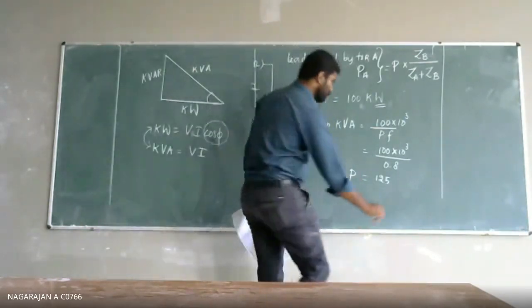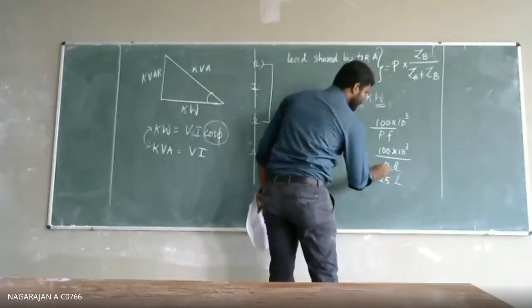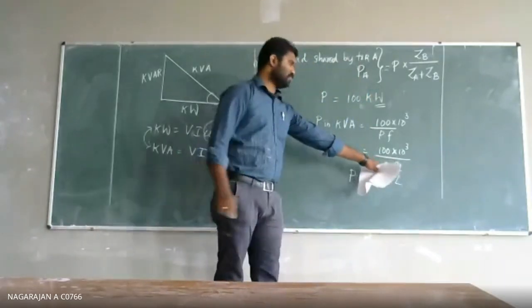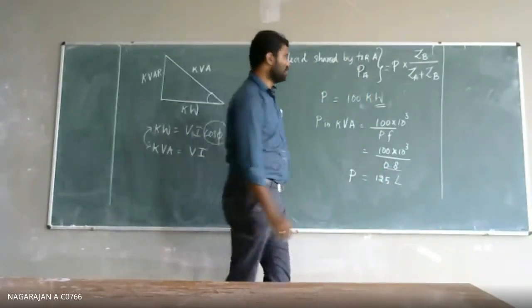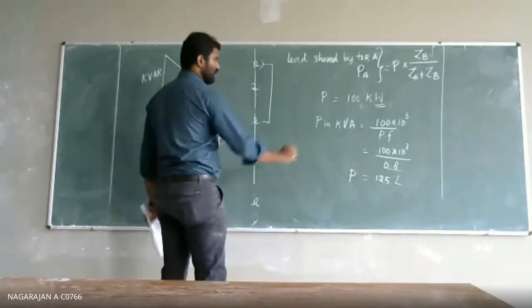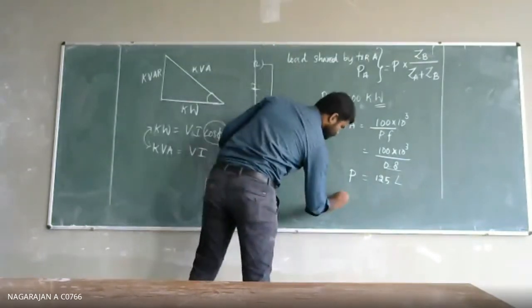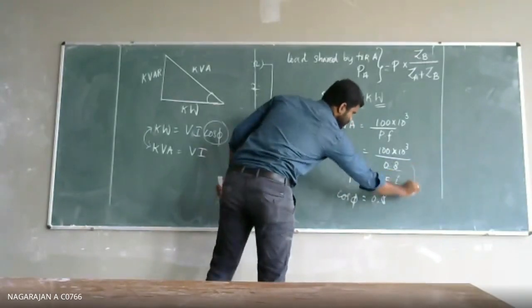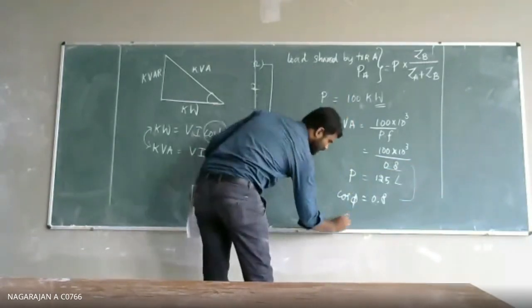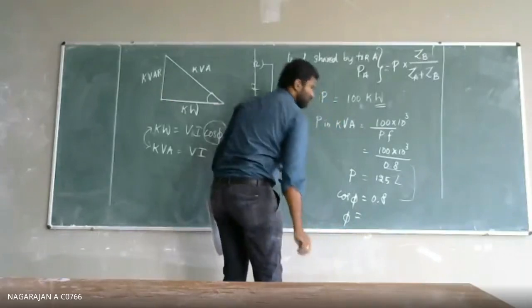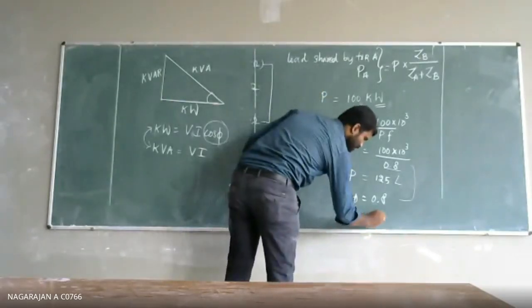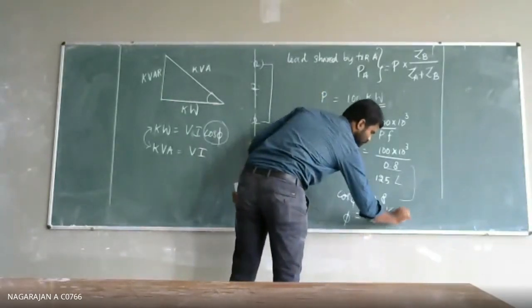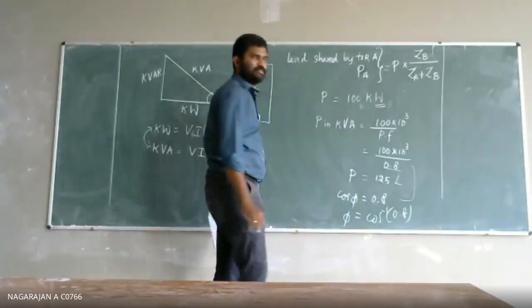And you need to mention the angle. The angle can be found from the power factor. Cos phi is given as 0.8. From this, the phi value is cos inverse of 0.8.